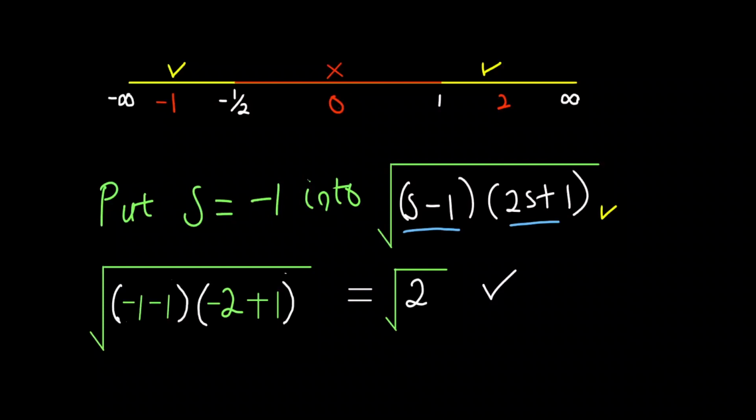Now, looking at this number line, we have for the first boundary minus infinity to minus 1 over 2, for the second boundary minus 1 over 2 to 1, and the last boundary 1 to infinity. I am going to explain the concept of interval. Now, an open interval is one which does not include its endpoint.